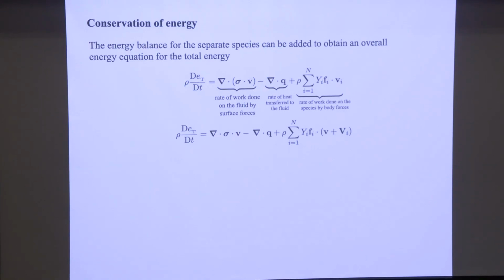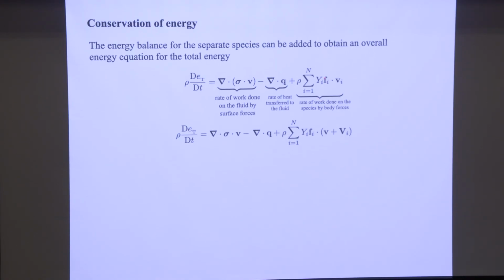So that's left for a different discussion. So what you get now is an equation which is very similar to what we had for a pure substance: the rate of work done on the fluid by surface forces, the rate of heat transfer to the fluid, and finally the rate of work by the body force.